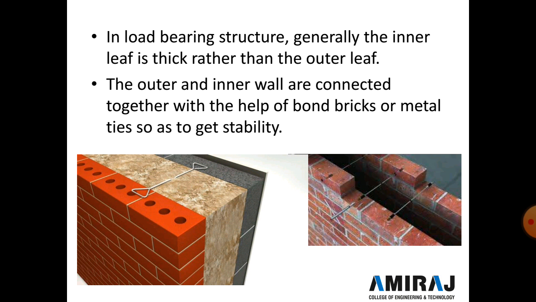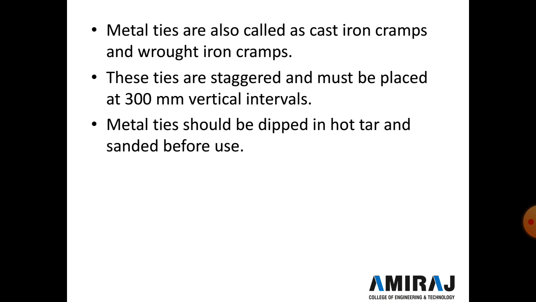The outer and inner walls are connected together with the help of bond bricks and metallic ties, so as to get stability between the inner and outer wall. In this figure, metallic ties are seen in the first figure, binding the inner and outer wall, and in figure number 2 wire type metal ties are also seen.